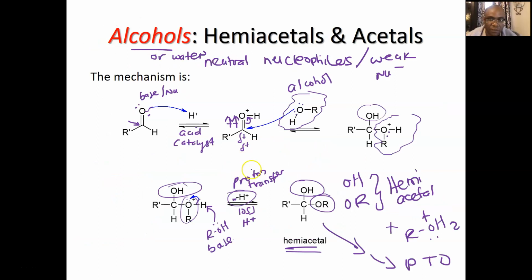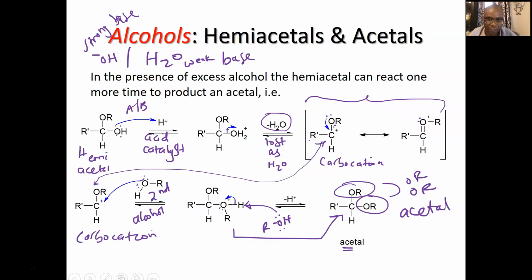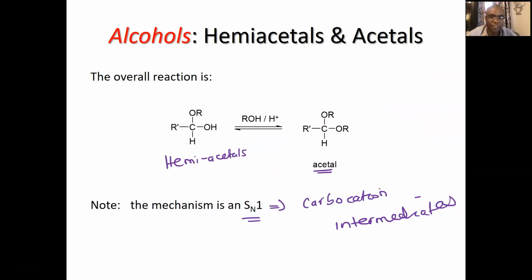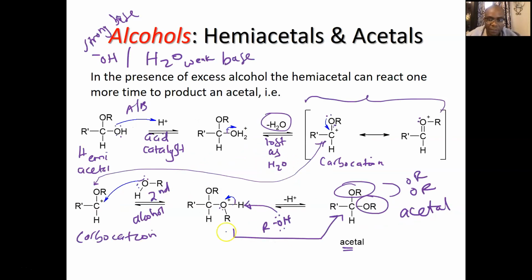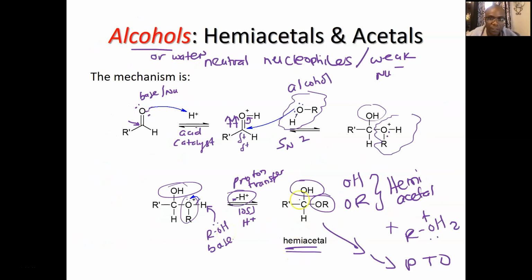And then, let's see, no, in making the hemiacetal actually is SN2. In making the acetal itself is SN1. Okay, hemiacetal here is SN2 because you see how we are attacking and opening, the reaction is concerted at this point.